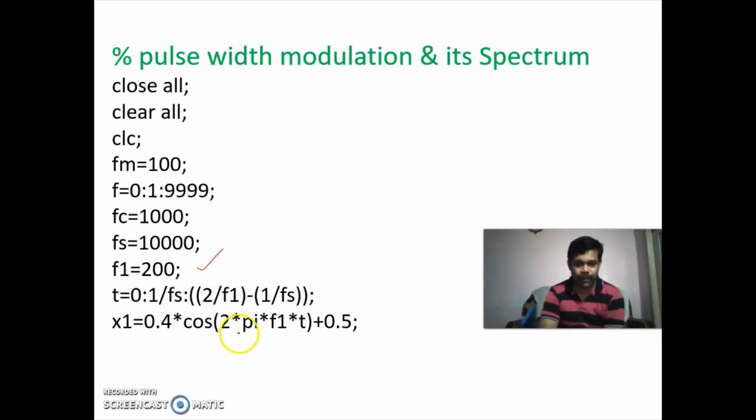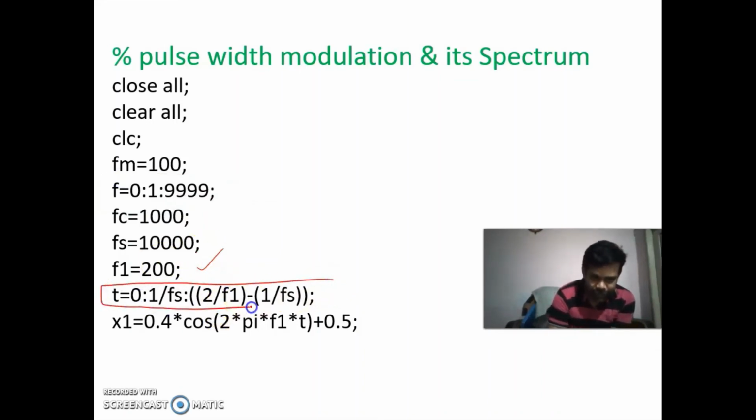Here the frequency of the modulating signal is f1, 200. Then we are defining the x-axis, that is the frequency axis for drawing the spectrum. Then we are defining the time axis.